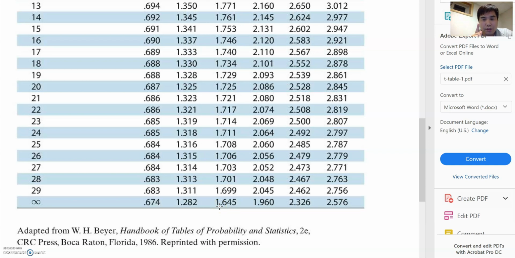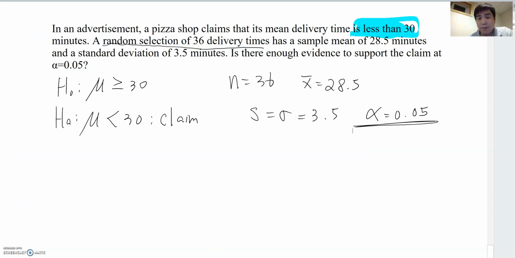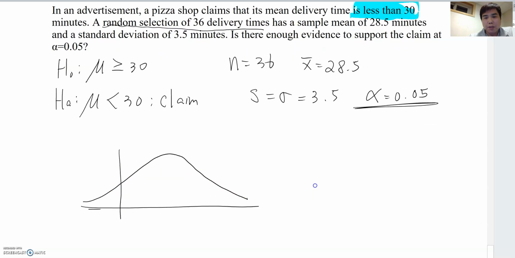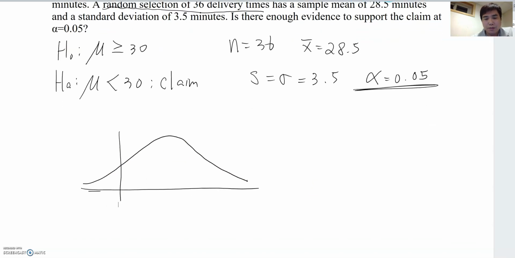There are two different one tail tests. One is left tail, the second is right tail. In this case, the sign will be different. If it is left tail, then the z-score becomes negative. If right tail, then it becomes positive. Since it is a left tail test, I can set up the normal curve here, and the corresponding alpha 0.05 z-score becomes negative 1.645.